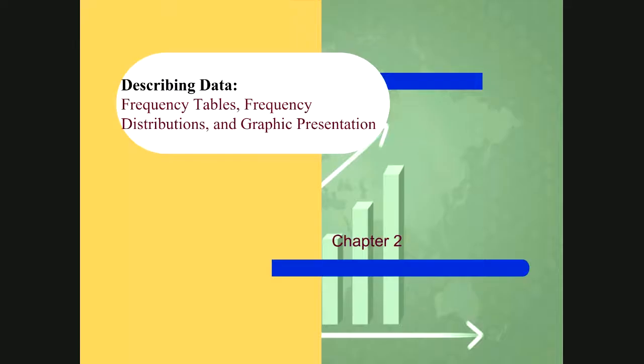All right. So chapter 2. Chapter 2 is about frequency tables, frequency distributions, and graphic presentations. So let me ask the class, did anybody do any of this in any of their previous classes, math or economics?